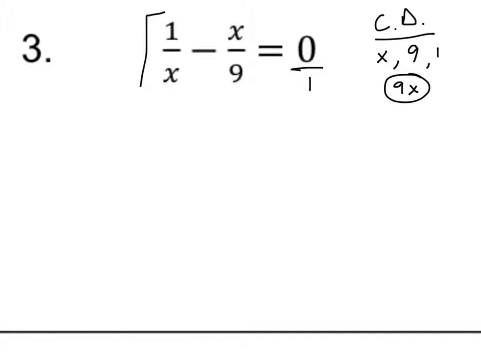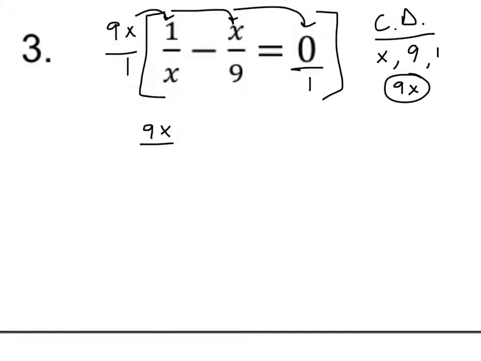So I'm going to multiply everything here by 9x over 1. And I got to distribute it to everything. So on the very first fraction, I'm going to get 9x over x. 9x times 1 is 9x. 1 times x is x. Minus 9x times x over 9. And that's going to equal 9x times 0, which is still just 0.